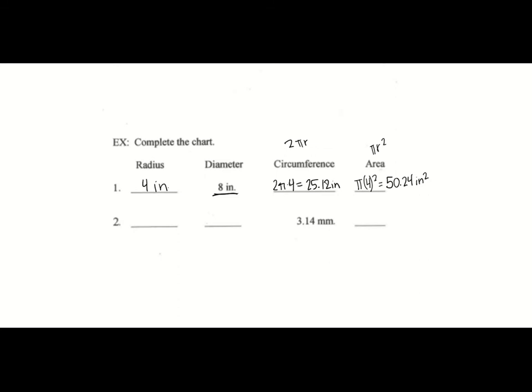Now, same thing down here for number 2. We're given our circumference is 3.14 millimeters. That is our circumference, so we know that 3.14 is equal to 2 pi r. To figure out what that r is, we can divide both sides by 2 pi, and that leaves us with 0.5 millimeters is equal to r.